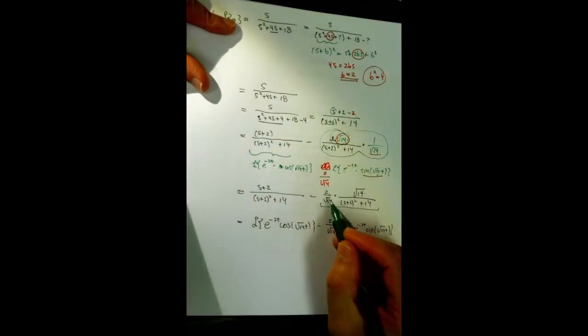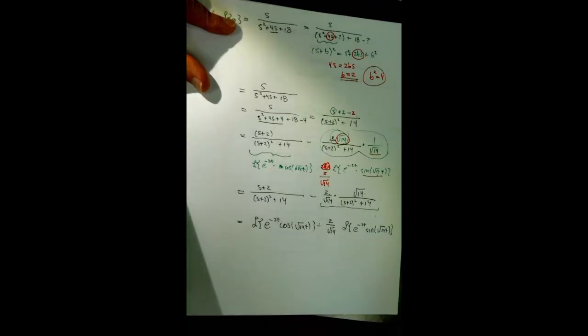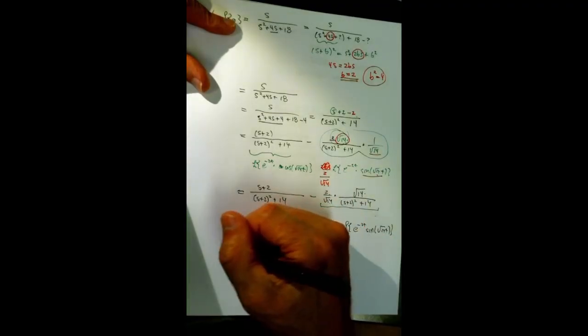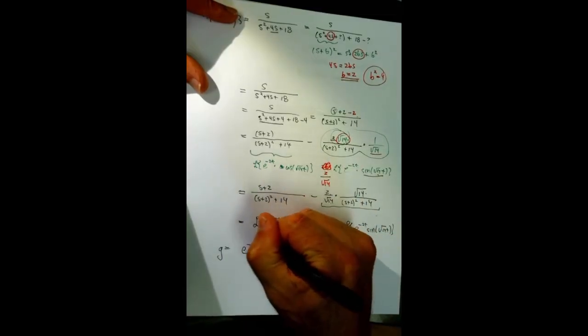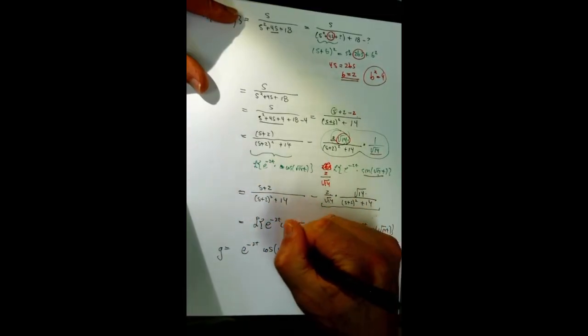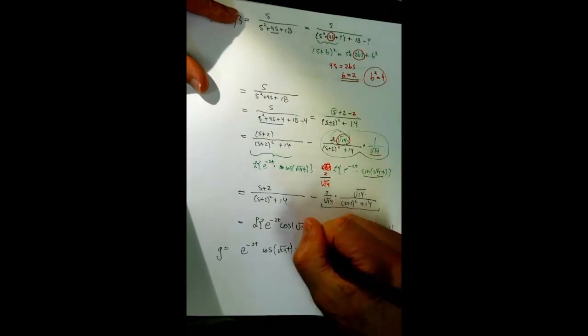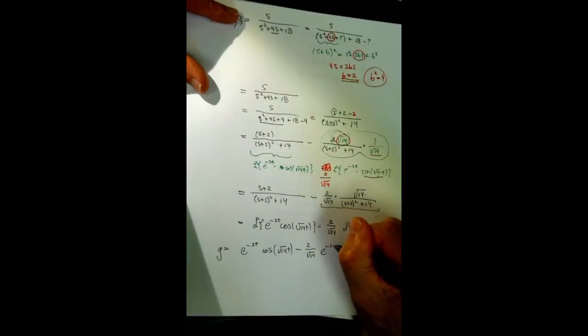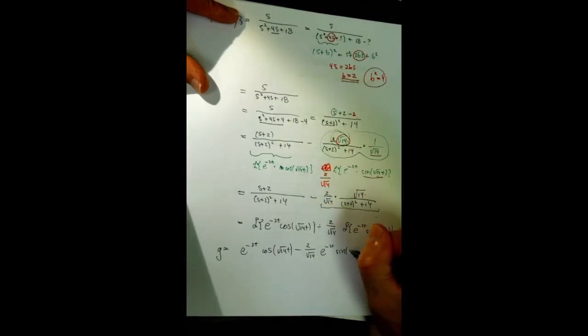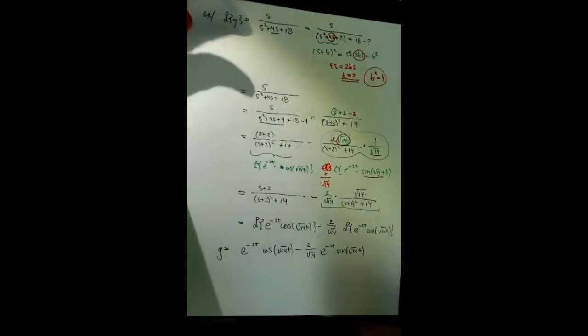And I need to keep track of these constant terms. So this means then my original function g is going to be e to the minus 2t cosine of square root of 14t minus 2 over square root of 14 e to the minus 2t sine of square root of 14t.